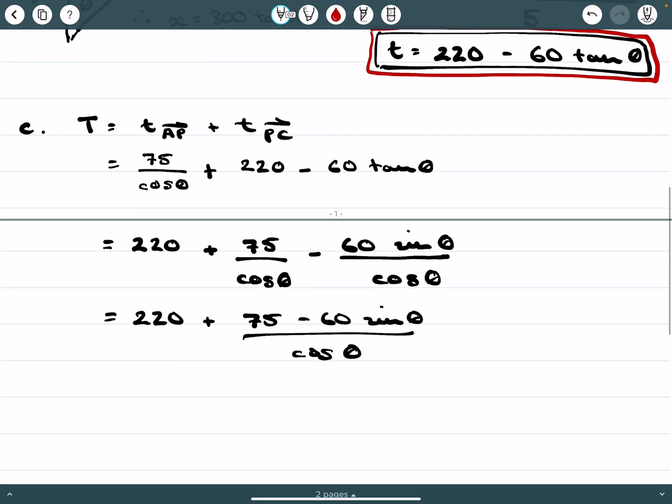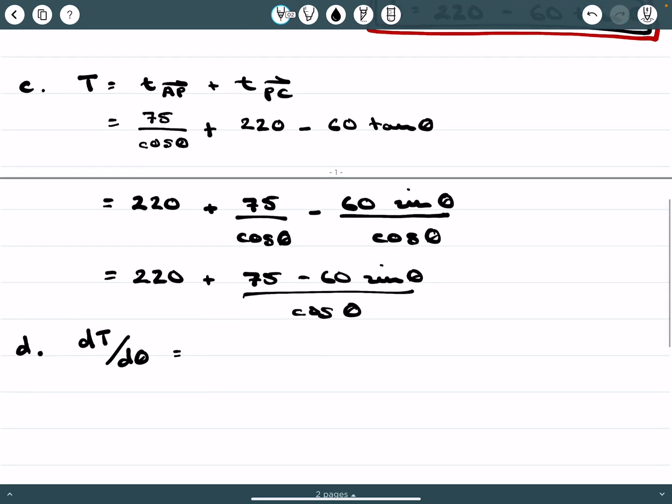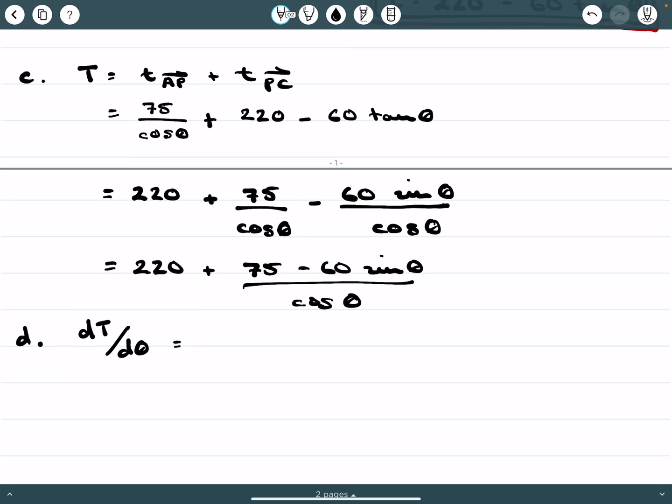Then in part D, what they're looking for is for us to find dt d theta. So when they're looking for us to find dt d theta, what we need to do is differentiate this term.